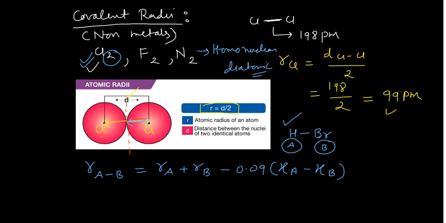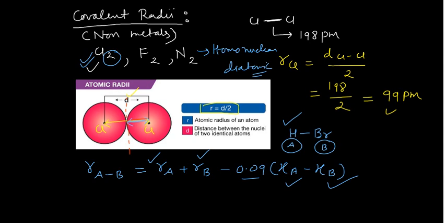Ra is the radii of atom A, Rb is the radii of atom B, 0.09 is a constant, chi A is the electronegativity of atom A, and chi B is the electronegativity of atom B. So this is how you can calculate.